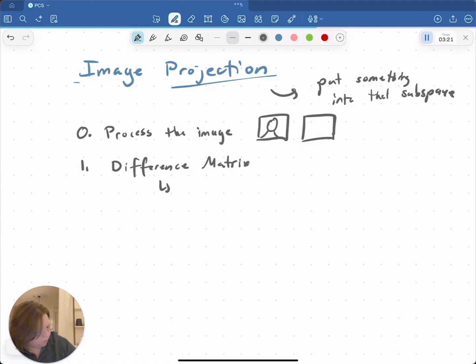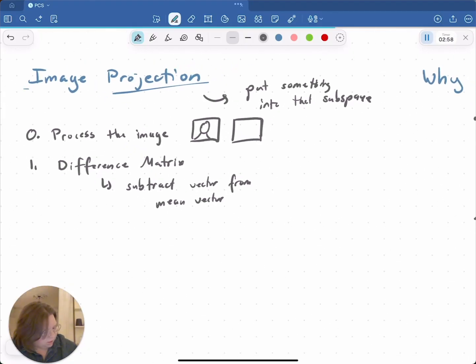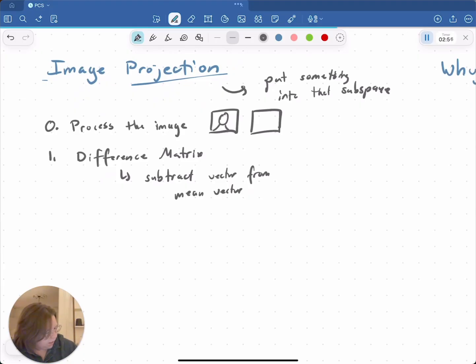This is done by subtracting the mean vector, or in this case, the mean image, from our new vector. The mean vector is going to be the commonalities of all of the eigenvectors that currently exist in that space.